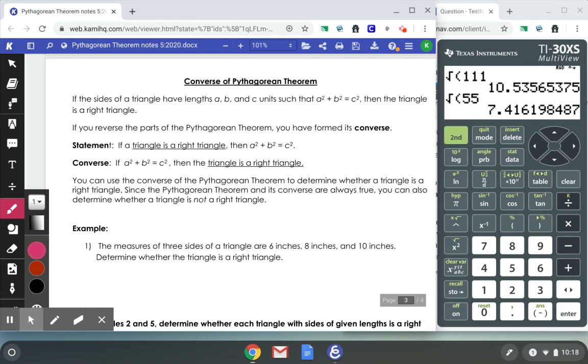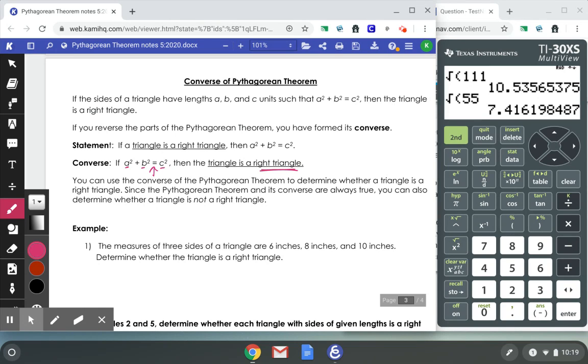We're going to say that if we know the measures of 3 sides of a triangle, and I plug those measures into the Pythagorean theorem, and if A squared plus B squared equals C squared comes out true, if they do in fact equal each other, then I could say that that particular triangle is a right triangle.